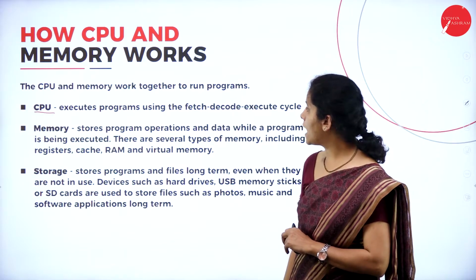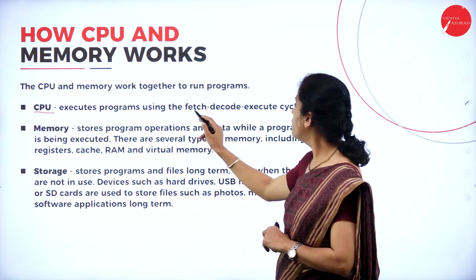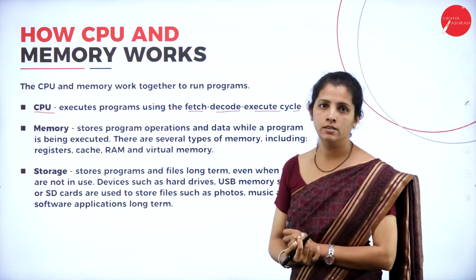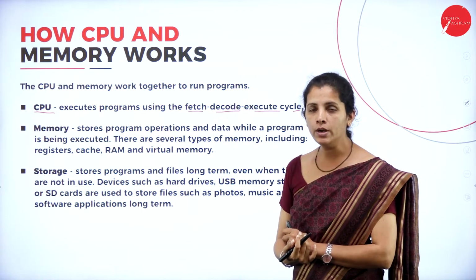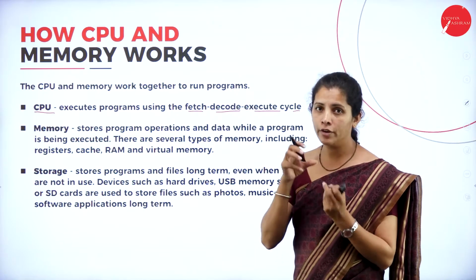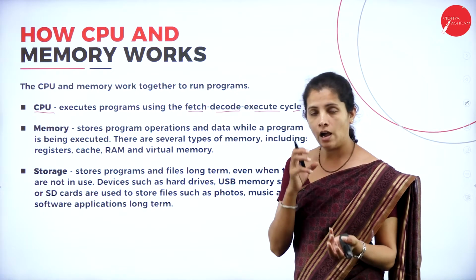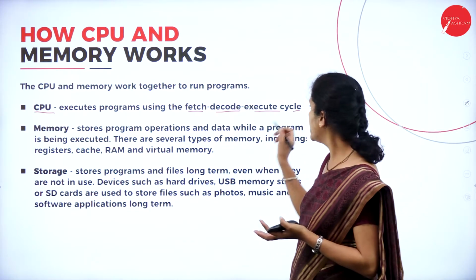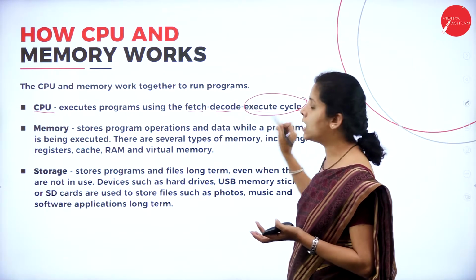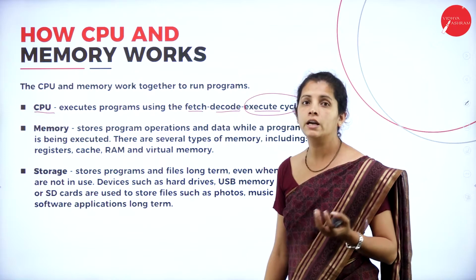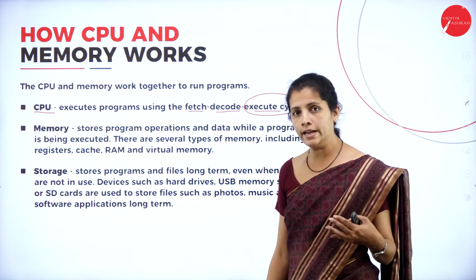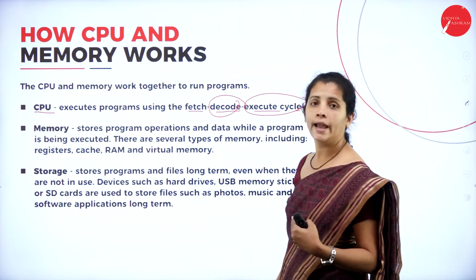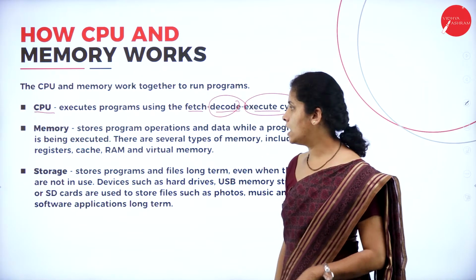It executes a program using the fetch, decode, execute cycle. So here the CPU is responsible for fetching the data, after that decoding the data, and after decoding, executing the data. Fetching means what? Reading or accessing data. Then decode that data, execute that data.